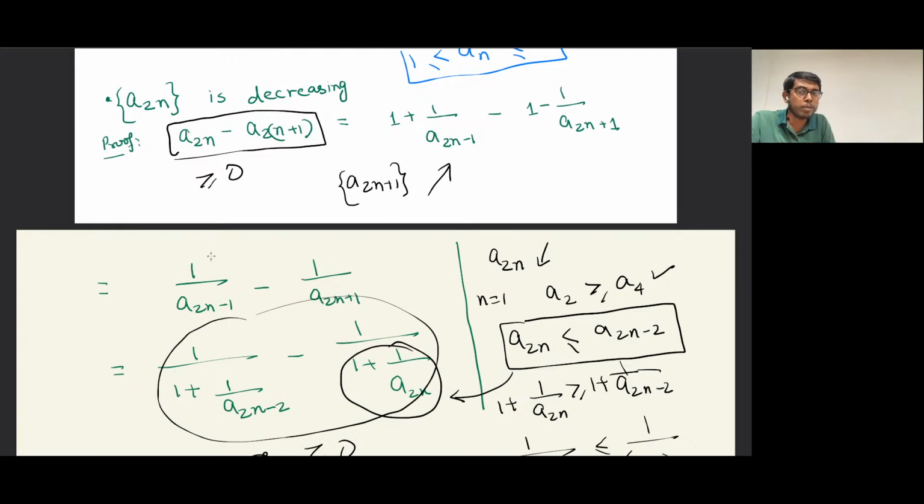And similarly, you can show that the odd subsequence is increasing. And that you have observed here because you got the odd thing here. So if it is bigger than 0, it means that this is also bigger than 0. So it means this is increasing. Okay.